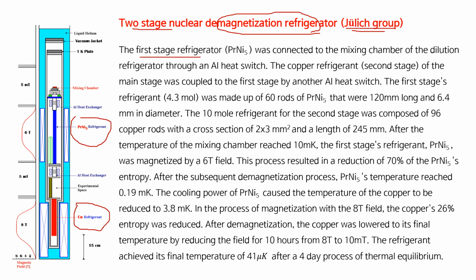The first stage refrigerator PrNi5 was connected to the mixing chamber of the dilution refrigerator through an aluminum heat switch.